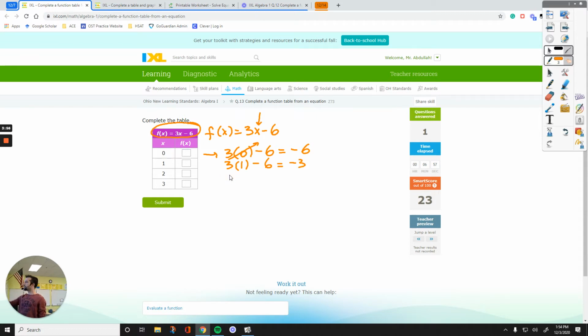And then the third one, 3 times 2 minus 6, the answer is 0. And then 3 times 3 minus 6, it's 3. So I put those numbers in the boxes, negative 6, negative 3, 0, and then positive 3.